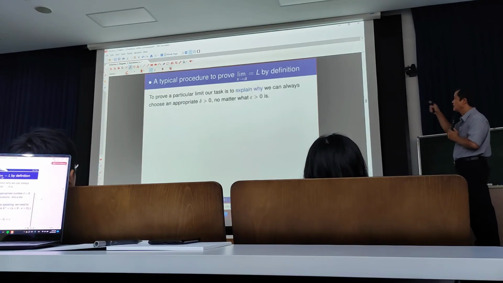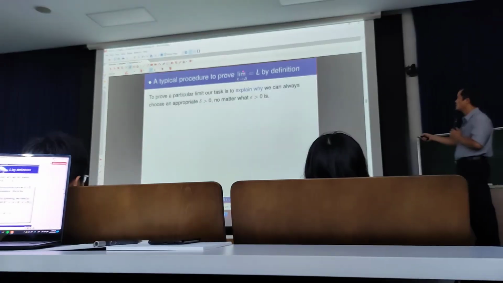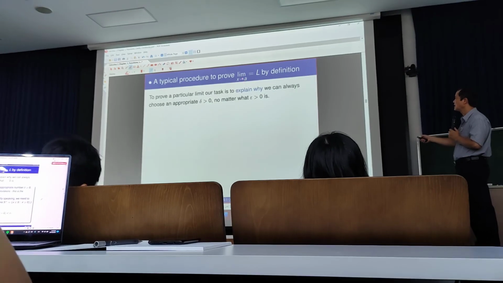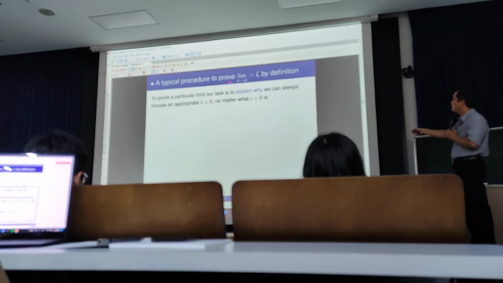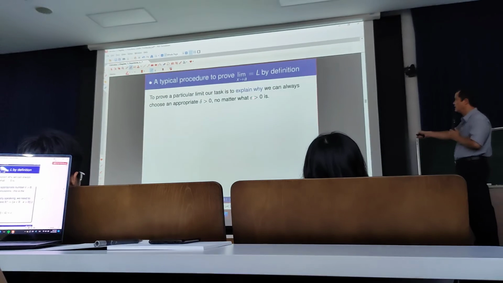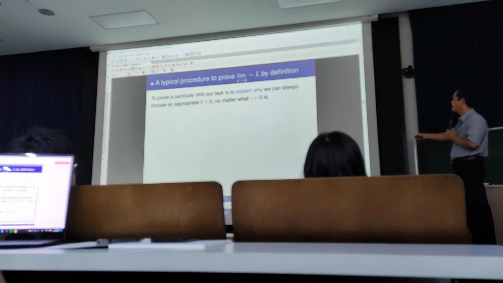Okay? And the most important procedure to prove the limit as x tends to A of some function equals big L is you have to explain how to choose delta no matter what epsilon positive is.